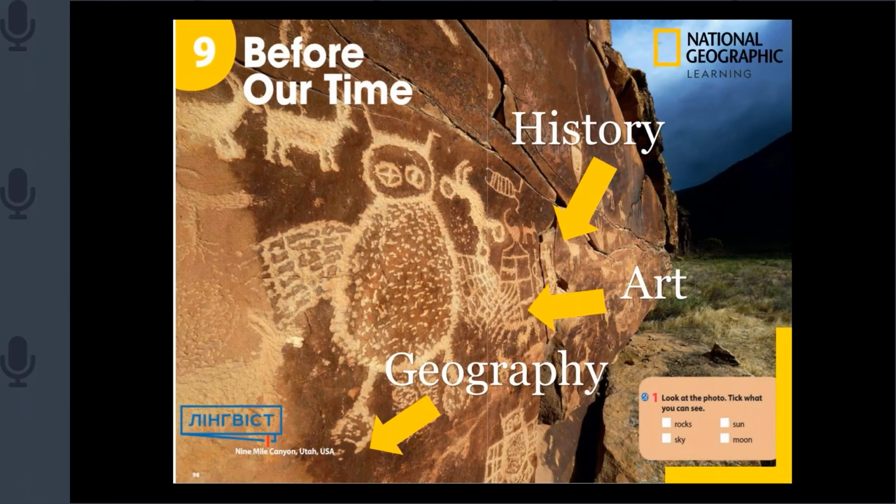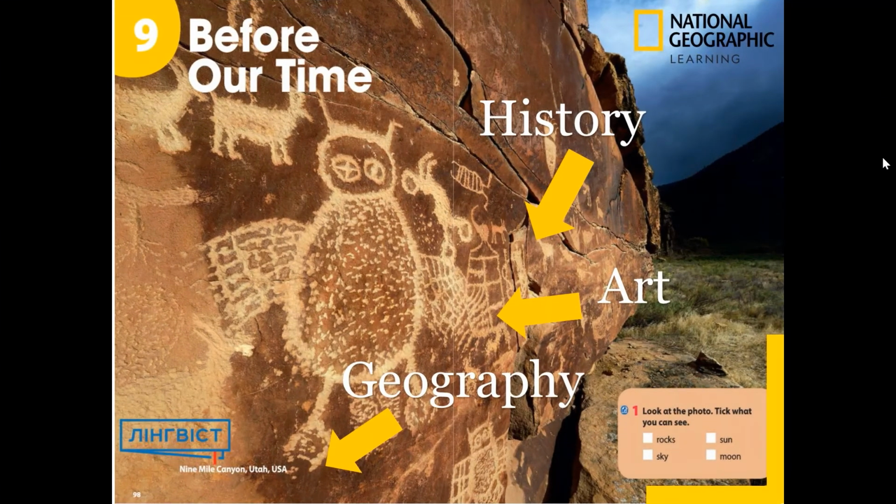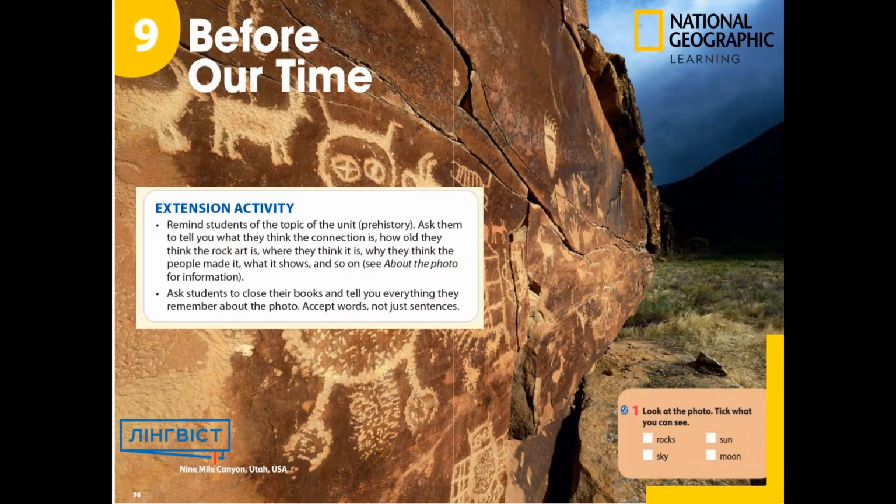If we are talking about history, again, some examples from the book. We can ask our students to dig deeper, to talk about how old they are, make some suggestions where they are.